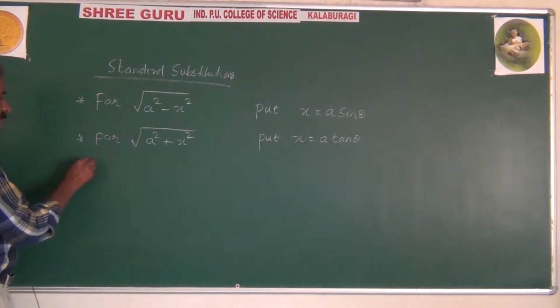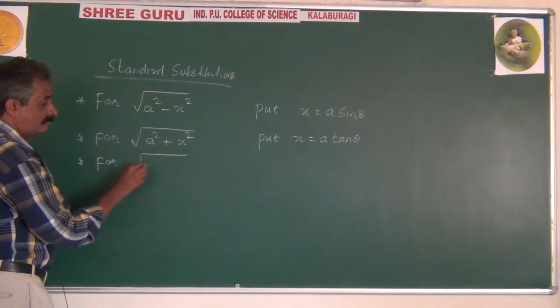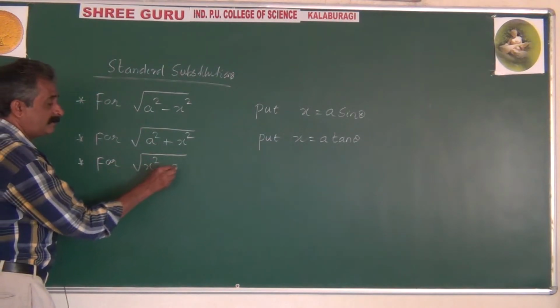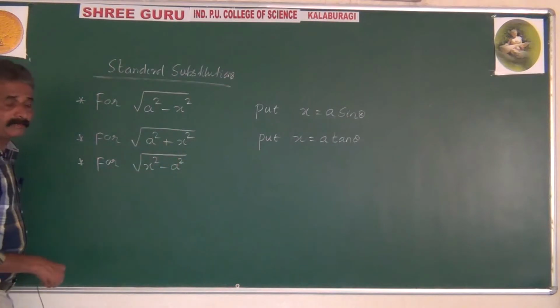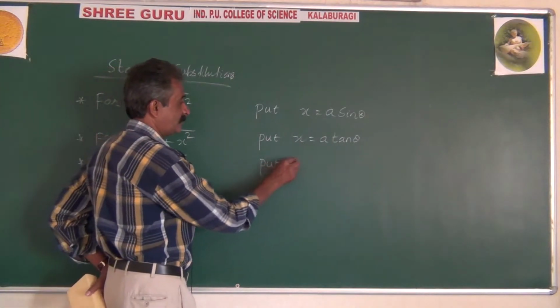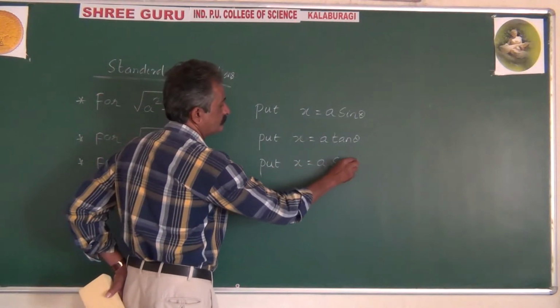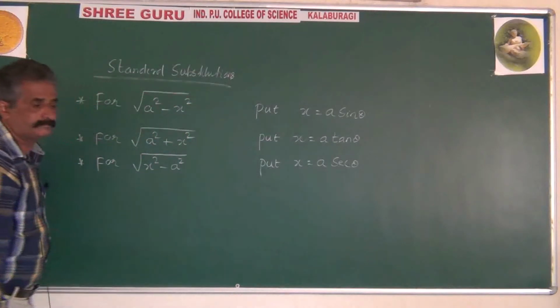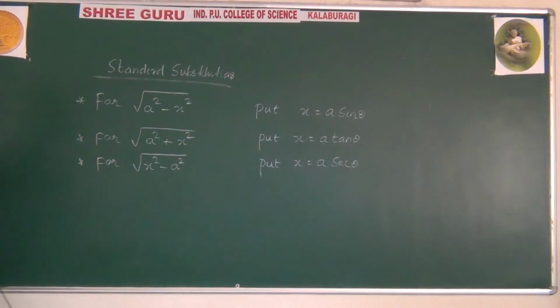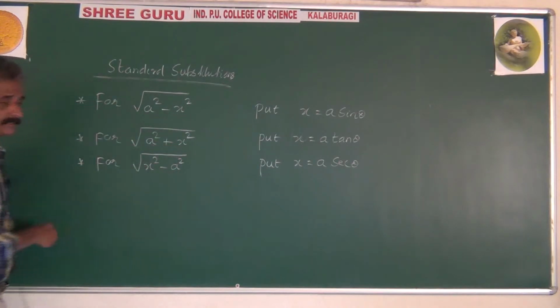And for an expression like root of x square minus a square, we prefer to put x equal to a secant theta. These substitutions apply only when these kinds of expressions are present.